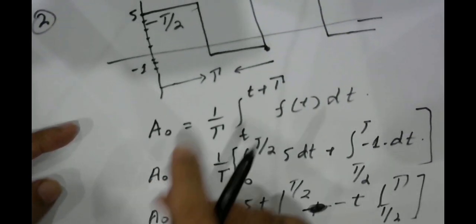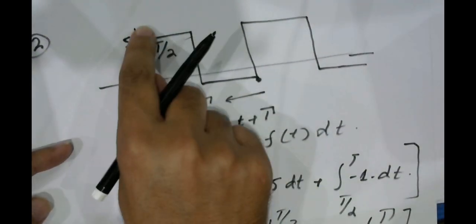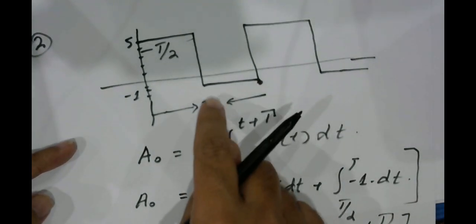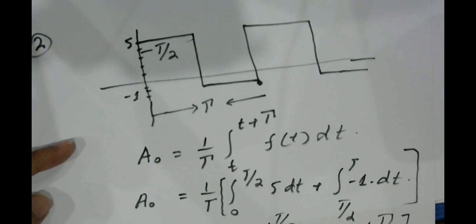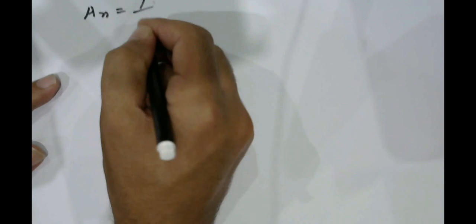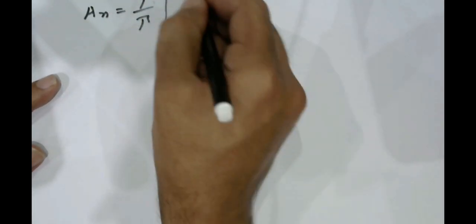Now you know that our original function was defined from 0 to T by 2, its value was 5, and from T by 2 to T, its value is minus 1. So you just need to remember this thing. Okay, we are taking this function. So for an, we can also write an equal to 1 by T integral.